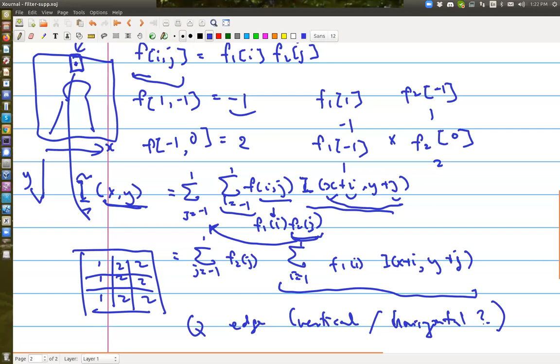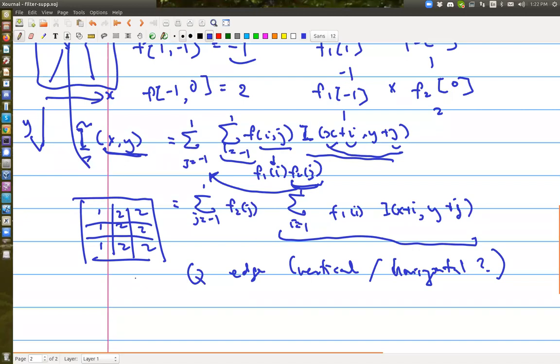So most of you get this right. So this is vertical. You must just visualize this as an image.